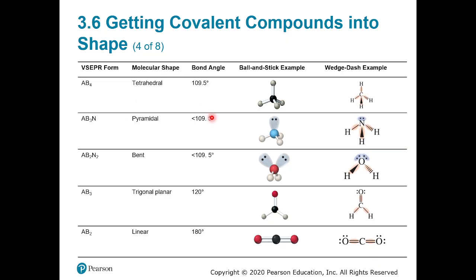This one right here has 4 electron groups around it: 3 bonding, 1 non-bonding, and that's the lone pair. The electron geometry around this nitrogen is tetrahedral. If we're talking about the molecular geometry, that is trigonal pyramidal.